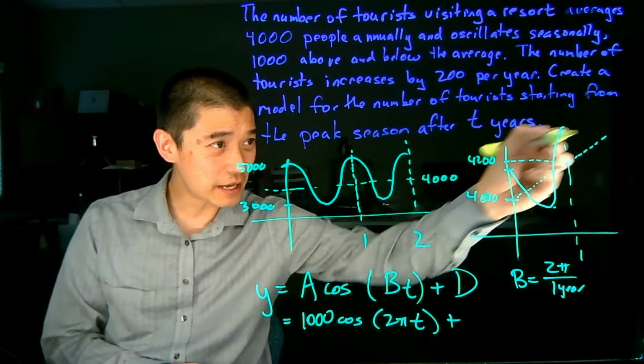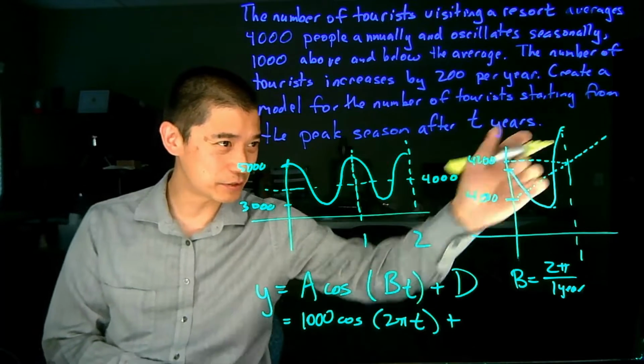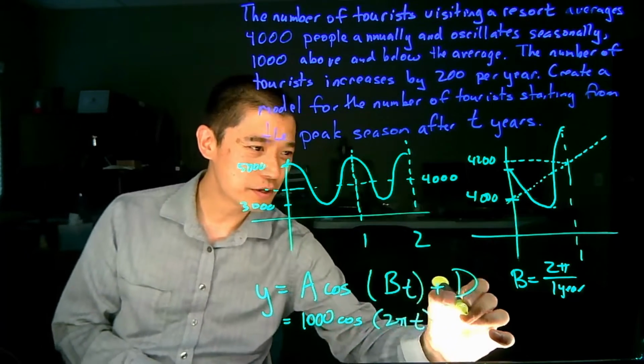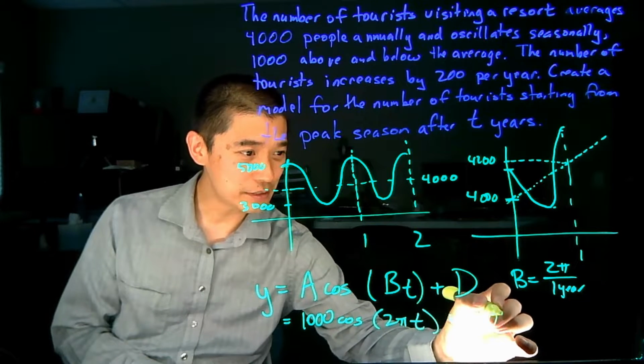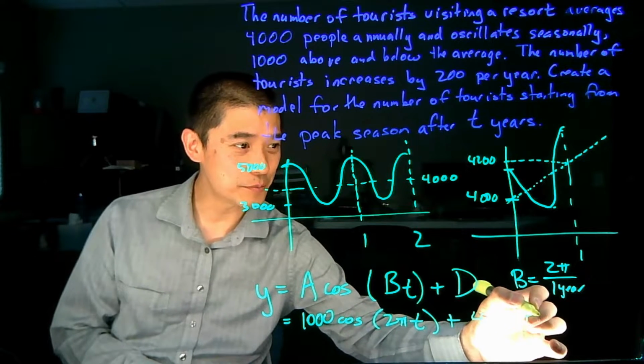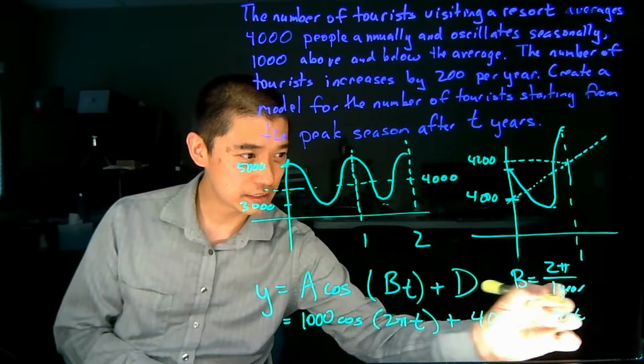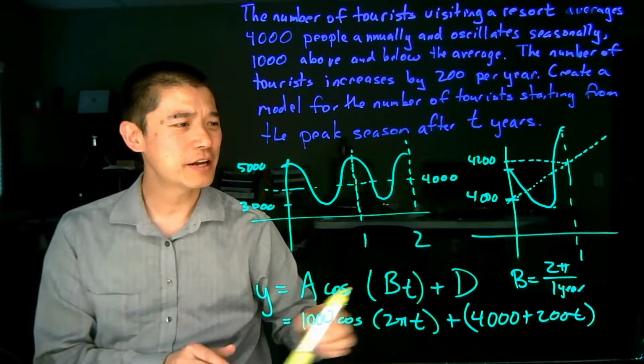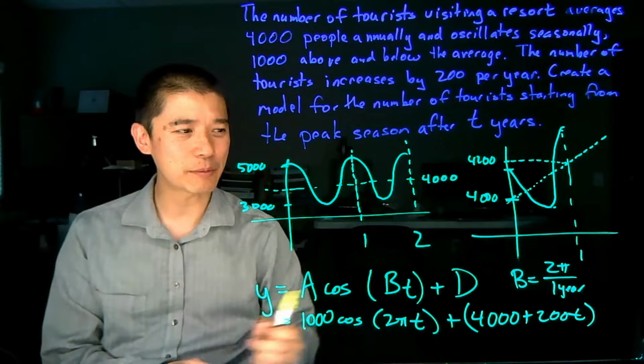Well, you can think of this as slope-intercept form. We have the intercept, we know the slope is 200 per year. So this will be 4,000 plus 200t. I'm going to put parentheses around this, although it's not strictly necessary, to emphasize that this right here represents the midline.